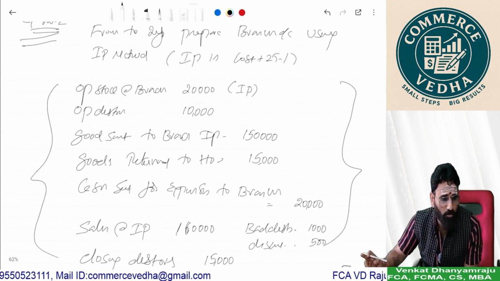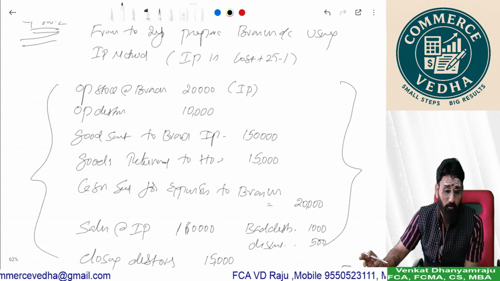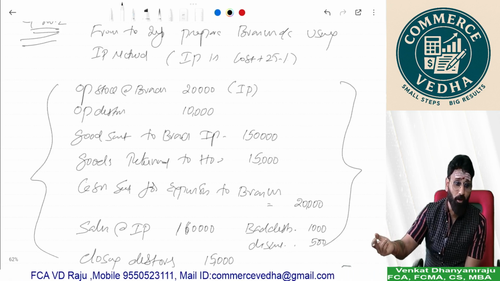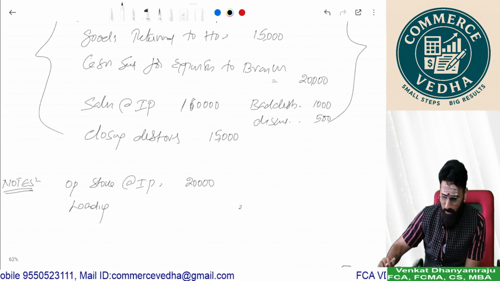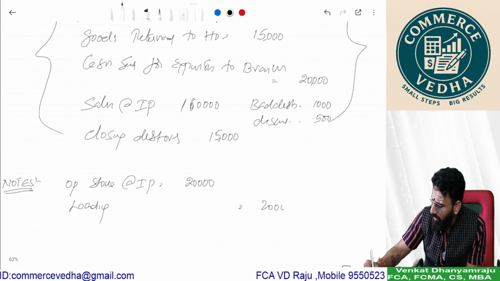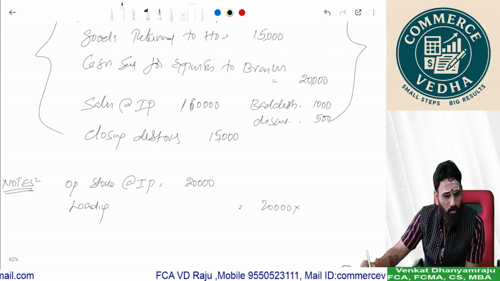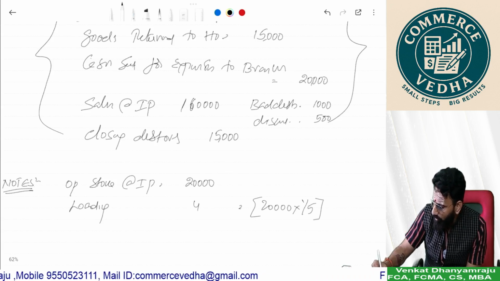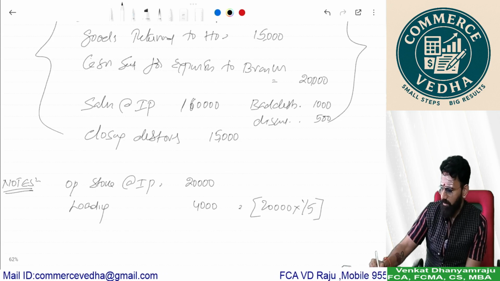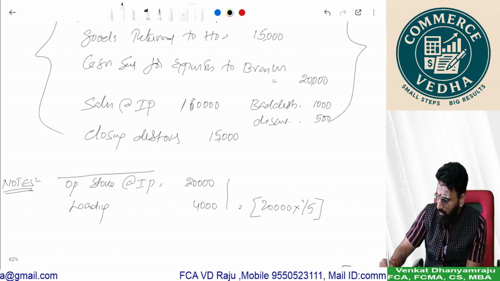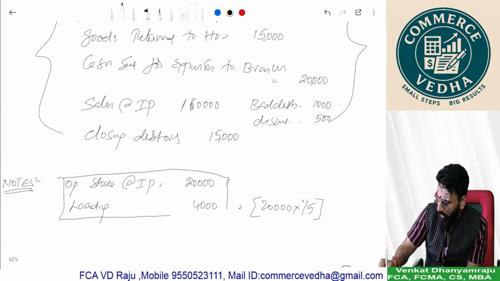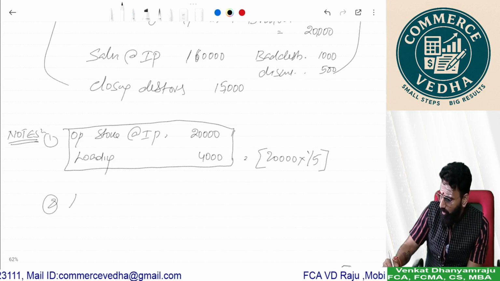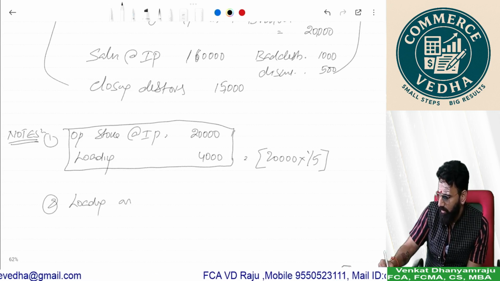So 1/4 on cost equals 1/5 on invoice price. I have the invoice price here, so my loading is 20,000 into 1/5, which is 4,000. This is the first note I should keep: loading on opening stock. Second note is loading on goods sent to branch.